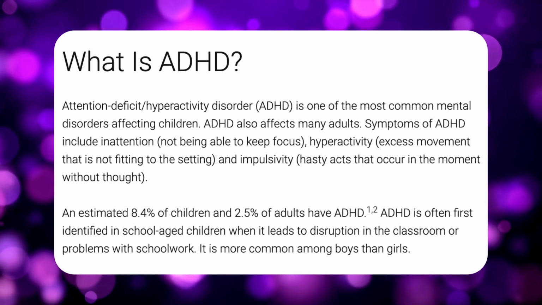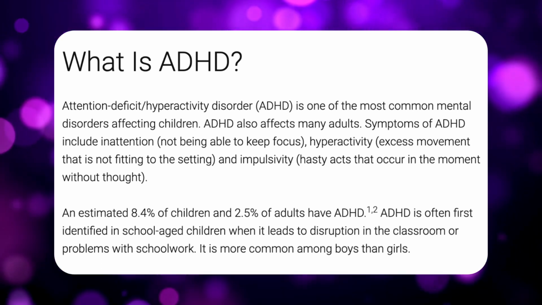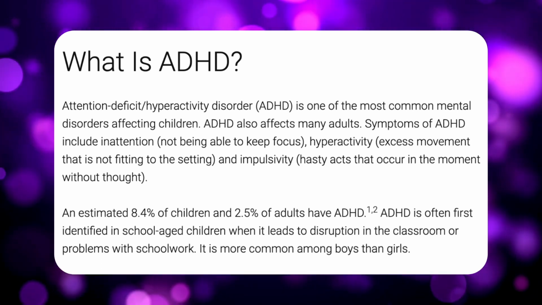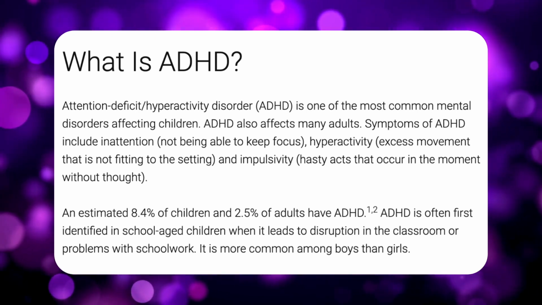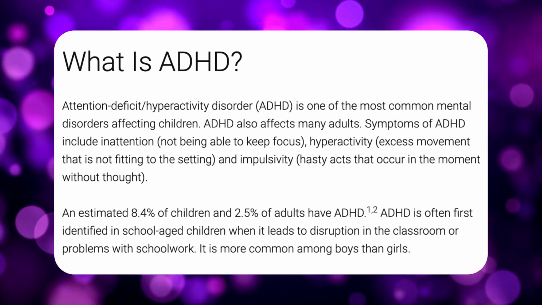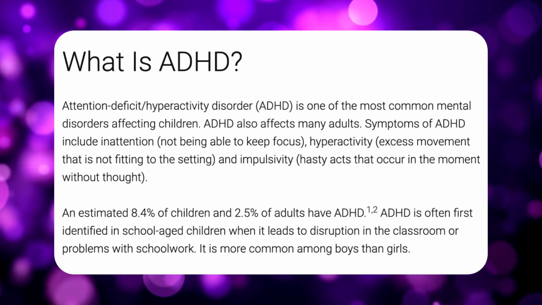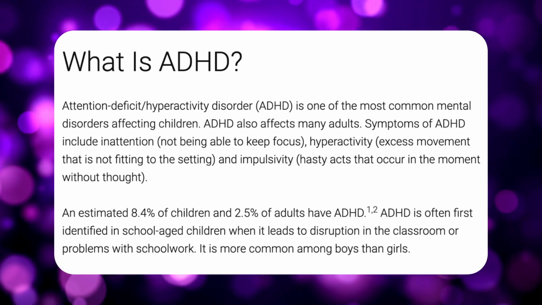Symptoms of ADHD include inattention, so not being able to keep focus, hyperactivity, which is excess movement that is not fitting to the setting, and impulsivity, which basically could be hasty acts that occur in the moment without thought.